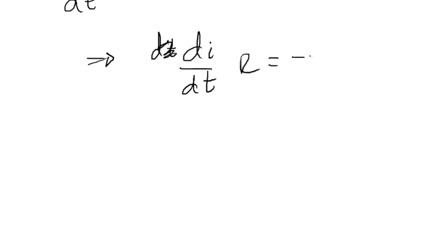And now I can use my current charge relationship, so di dt times R is equal to minus the current, just divided by C.